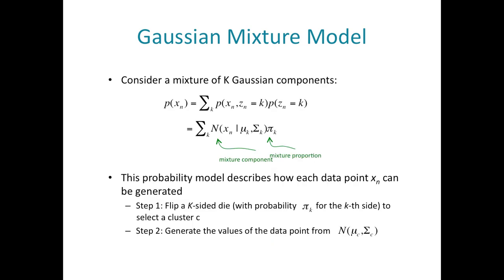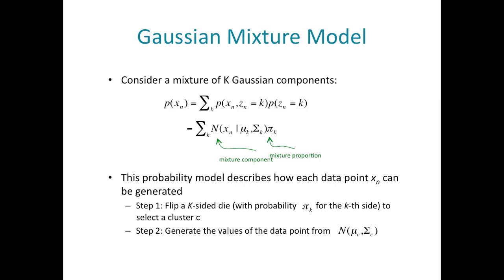And so, assuming that representation, a mixture of k Gaussian components that could be our k clusters, what this model is describing is that each data point can be generated in two steps. The first step is flipping a k-sided die, k being the number of clusters that we are considering, and pi k being the probability for that cluster being selected.